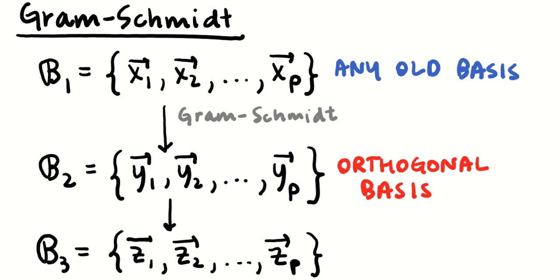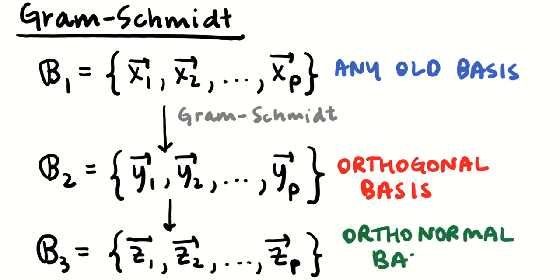Okay, it's going to be the same number of vectors. And this will be an orthonormal basis. And the thing that we're going to do to get from basis 2 to basis 3 is we're just going to divide by lengths, because we know that the unit vector in the direction of y1 is going to be y1 divided by the length of y1. So that's going to be the process we'll take. And I'll do an example now.